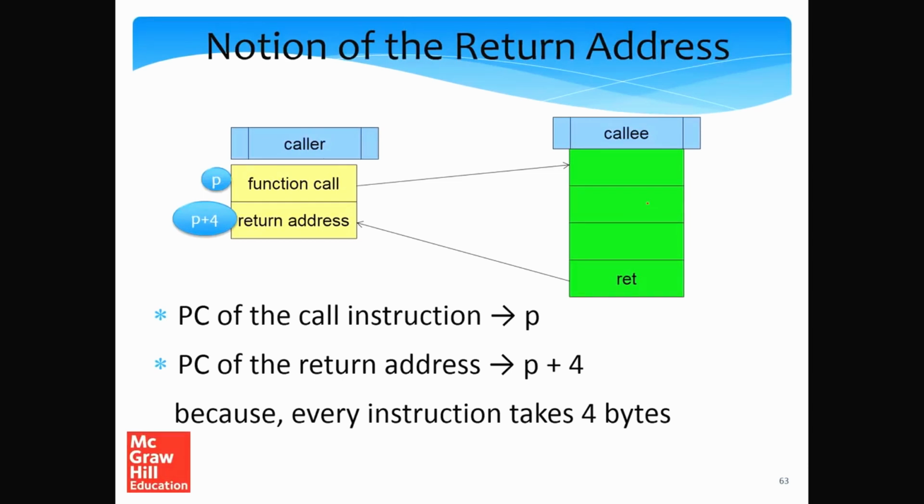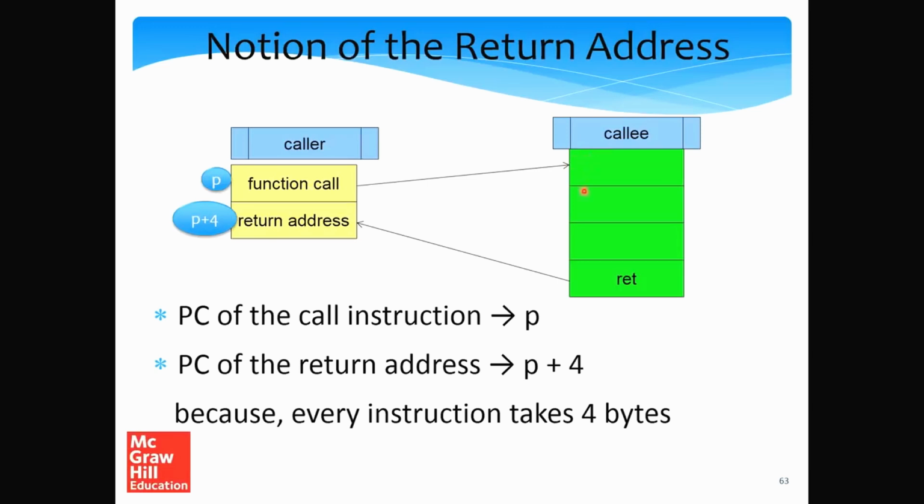Let's take a look at the notion of the return address once more. Let's assume that we have a caller. The caller is the function that invokes another function. The caller calls a function, and so we have a function call instruction, and let the address of the call instruction be P. Then we call a function, which basically means that we jump to the beginning of the function.